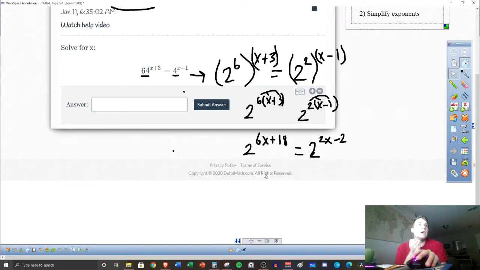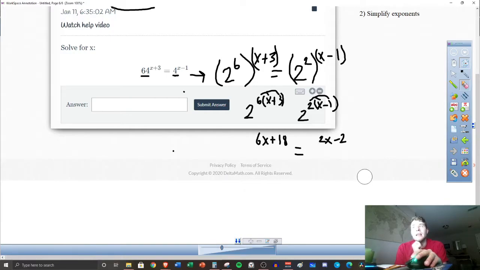Now, in order for us to solve this question, we're trying to get x equals at the end of this. We notice that these bases are already the same. So if we take these away, all we have to do is show that these exponents are equal to each other, right? If I can show that this exponent equals this exponent, then I can solve this problem. I can find x.